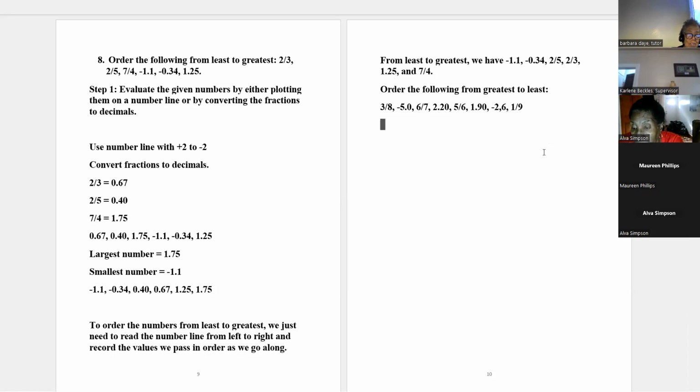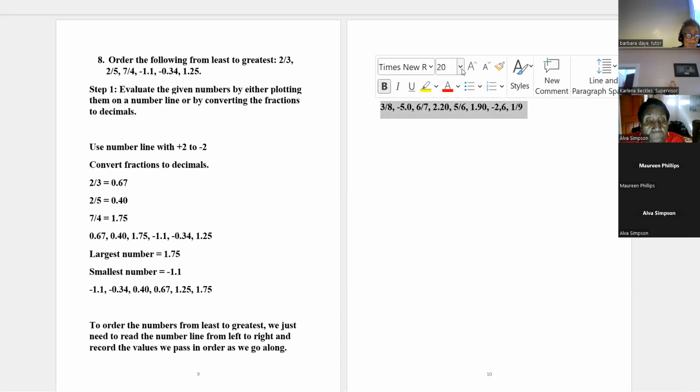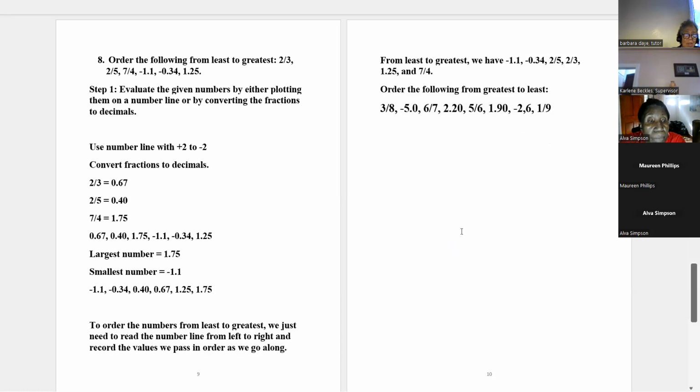No, the largest? 0.375. No. Can you divide 8 by 3? It's bigger. Okay, I divide 3 by 8. What is your largest number?